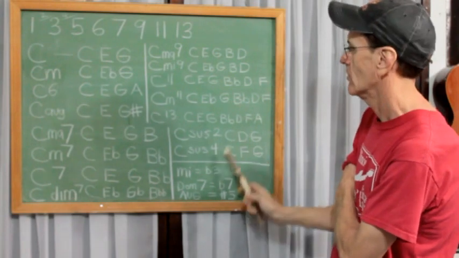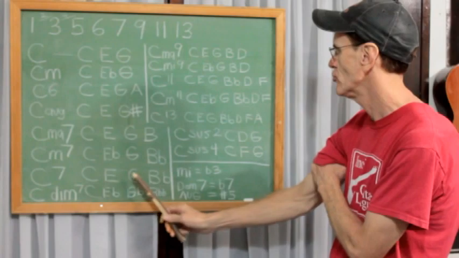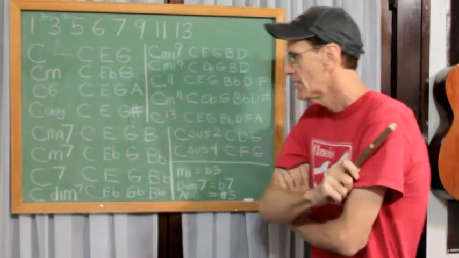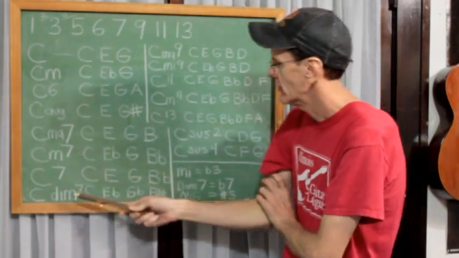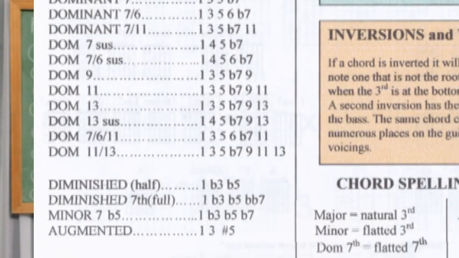All right, so let's go ahead over here to our C dominant 7th: C, E, G, B flat. I'm sure you've run into the 7th chord quite a bit. The C diminished 7th: C, E flat, G flat, double flat the 7th. That's for a fully diminished 7th chord.